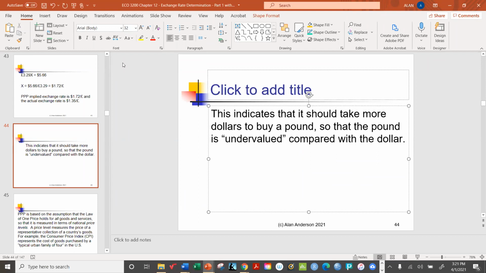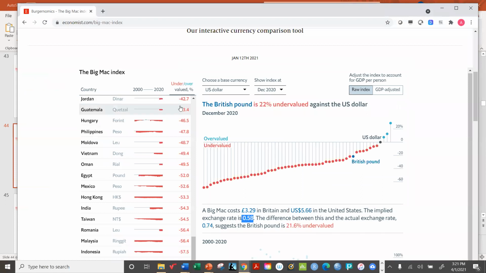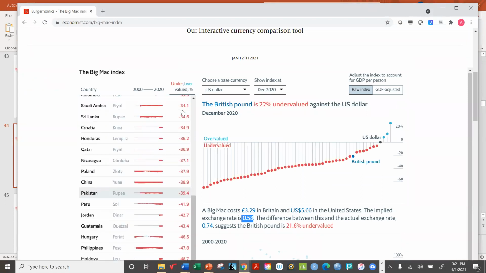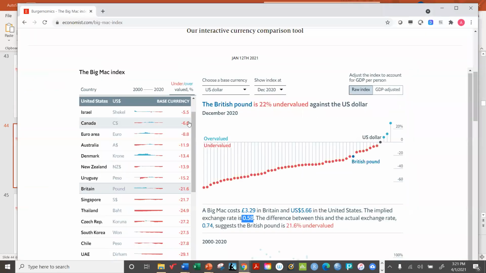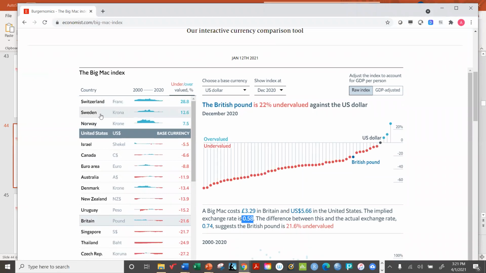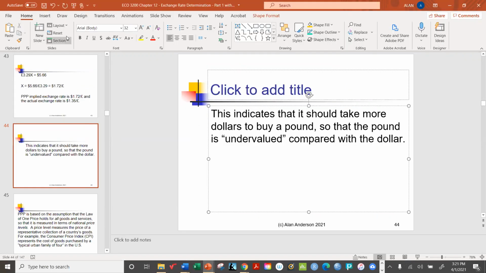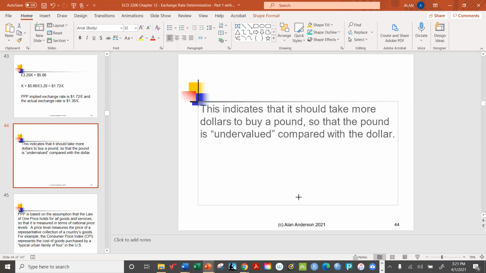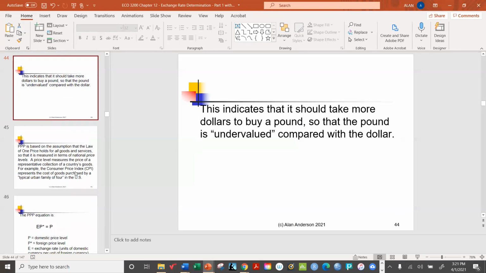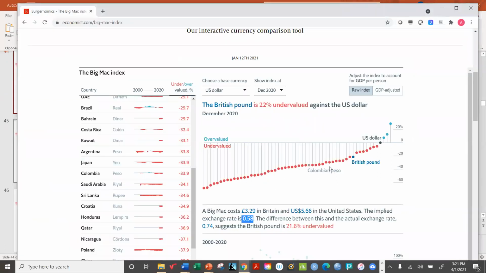If you look at this chart that they give us, that's true for most of these countries. Virtually all of them are officially undervalued, except for a few. Switzerland, Sweden, and Norway are officially overpriced according to PPP. So that tells you that maybe this theory isn't so good, and we should take it with a grain of salt, because in very few cases are we even close.